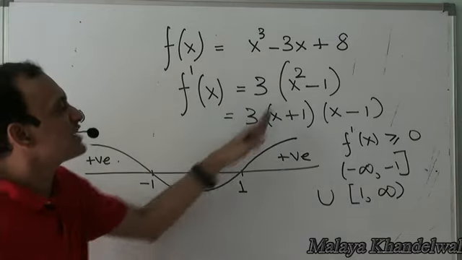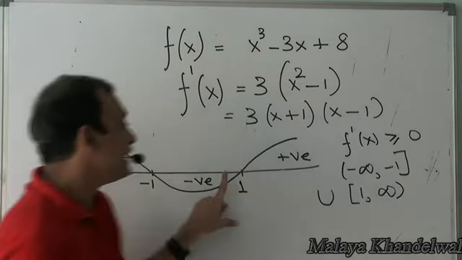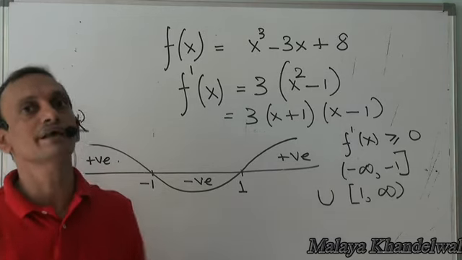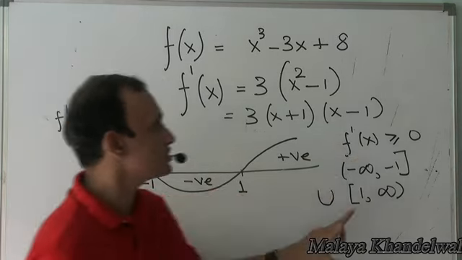It becomes 0 only at discrete points, at 1 and minus 1. Therefore, that will not affect the strictly increasing character of f(x). So f dash x is greater than or equal to 0 in this interval.